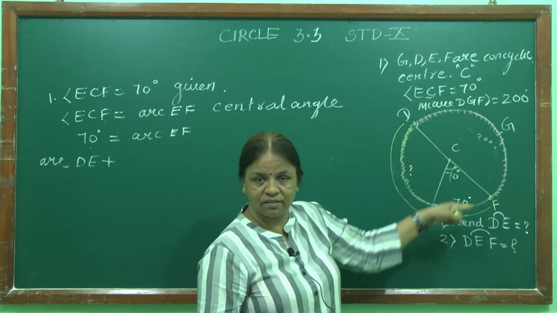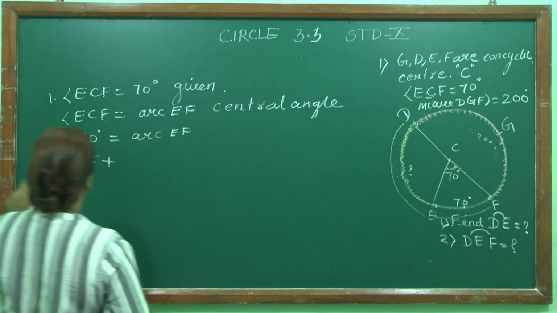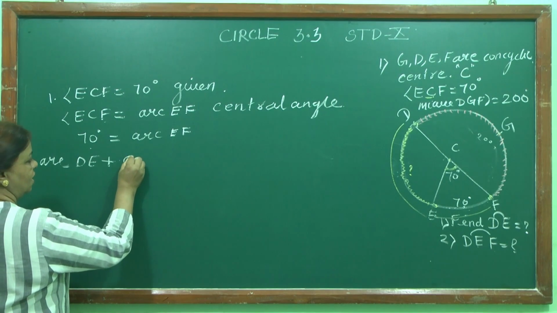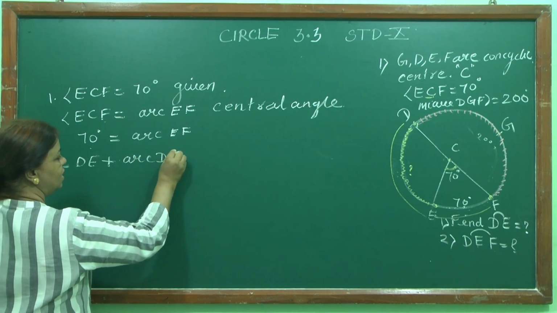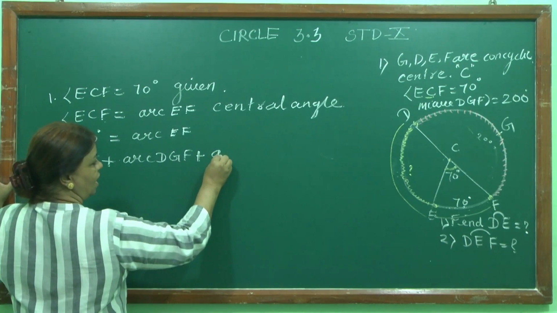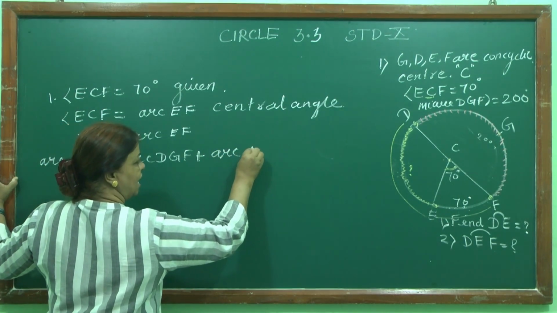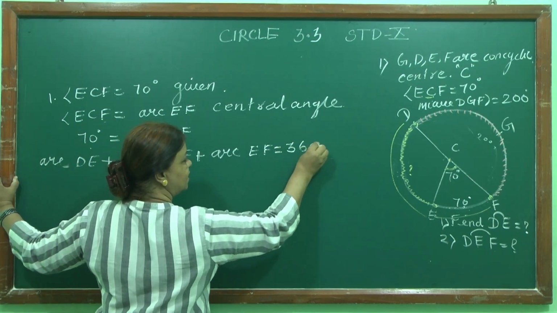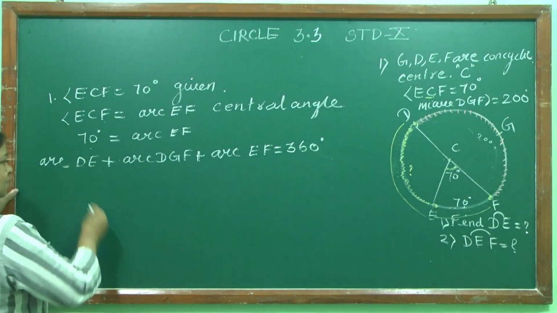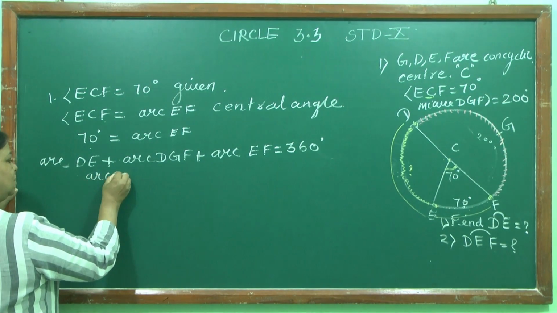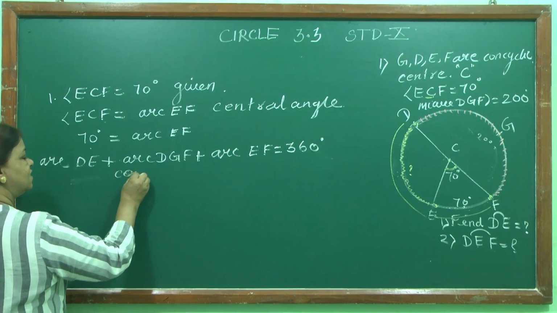It is a complete circle, and therefore arc DE plus arc DGF plus arc EF is equal to 360 degree. A complete circle is 360 degree.